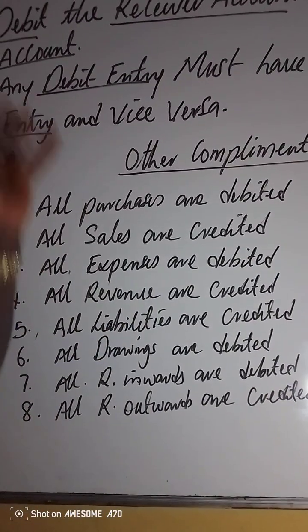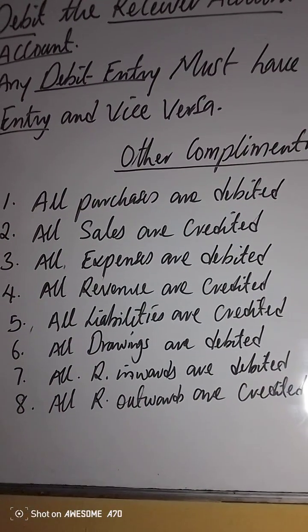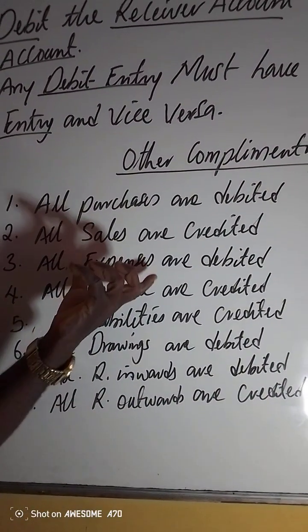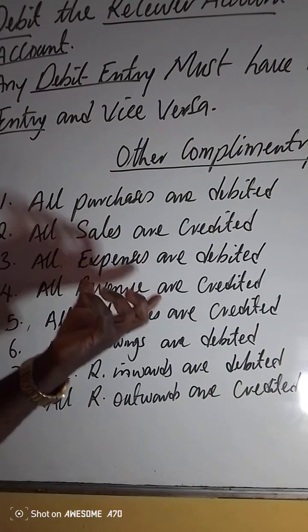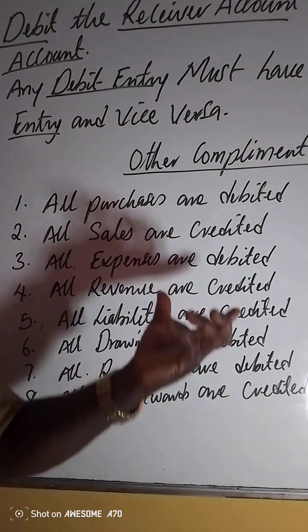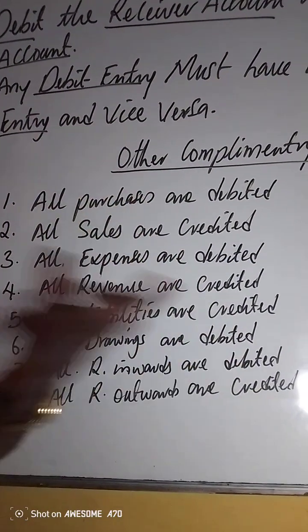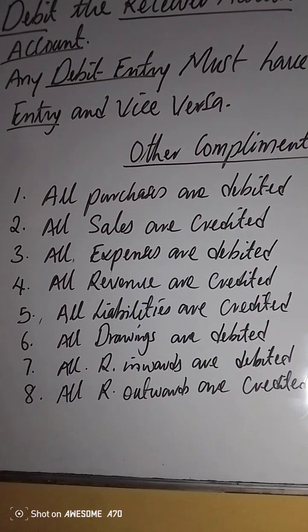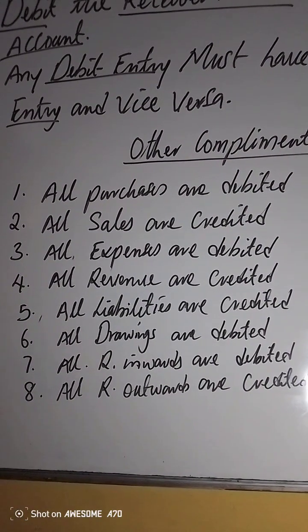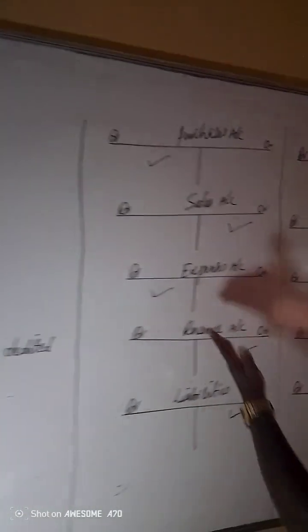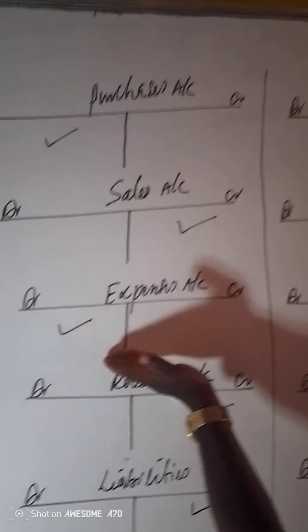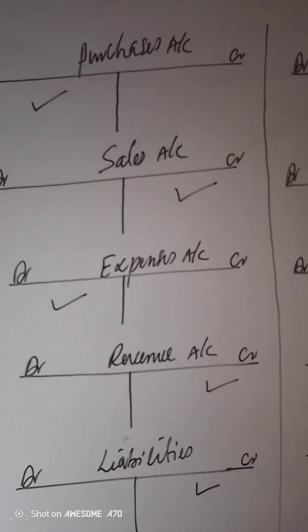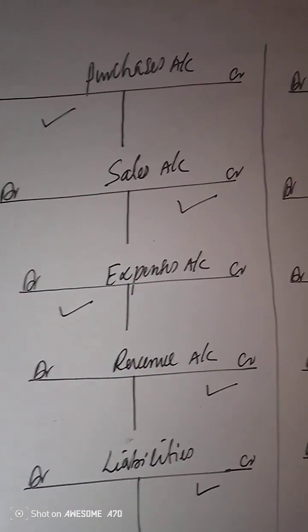There is no account called the expenses account. So we are saying that whatever account you open, be it rent paid, insurance paid, electricity paid, printing paid, salary and what have you, it must be posted on the debit side, provided the business paid for the services. That is why we conclude that all expenses in accounting are debited.